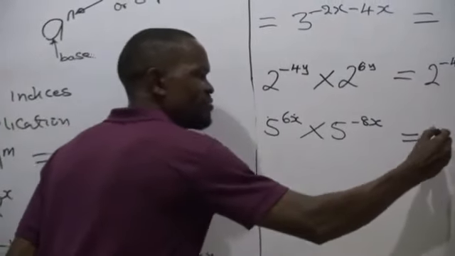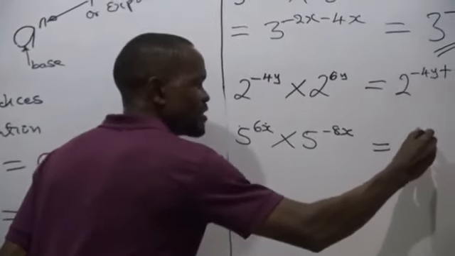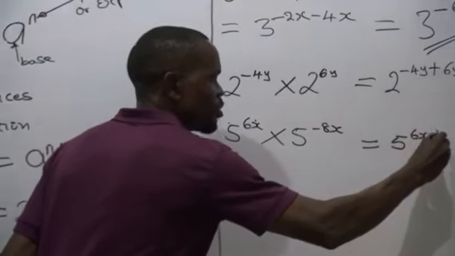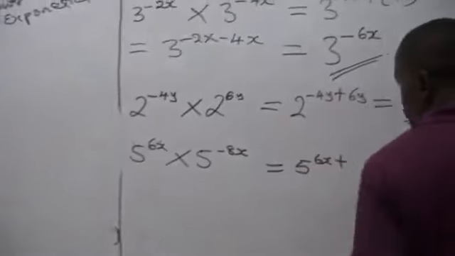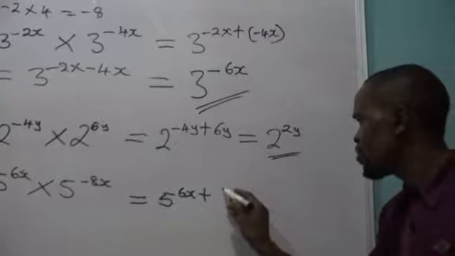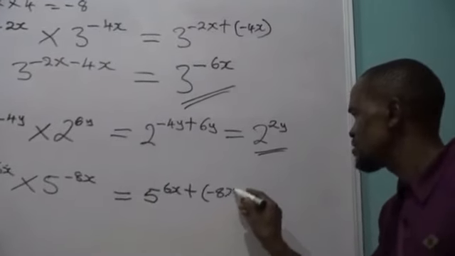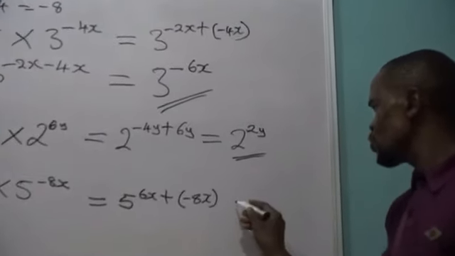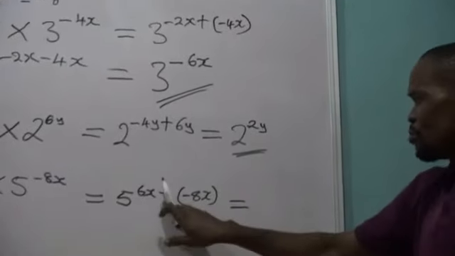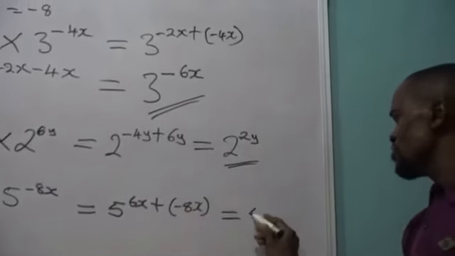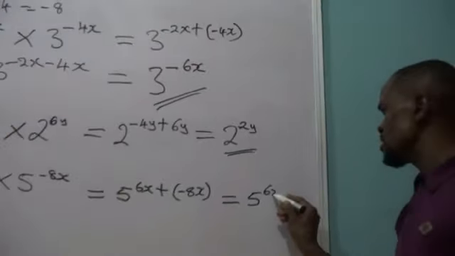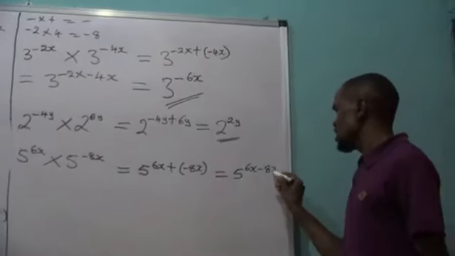This will give me 5 raised to the power 6x plus, which is constant in my formula, plus minus what? 8x. And remember, plus times minus will give me 5 raised to the power 6x minus what? 8x.